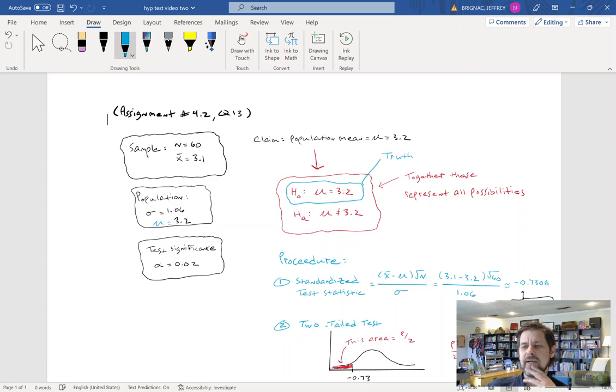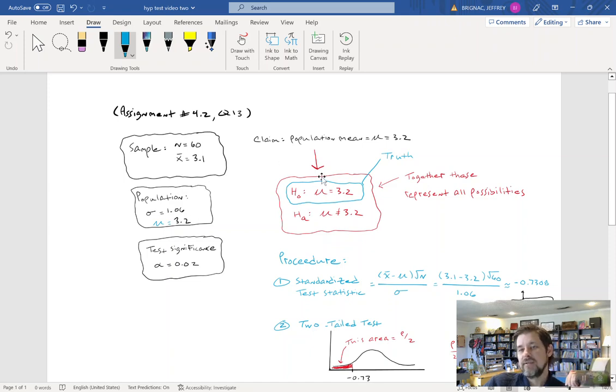The truth being that the sample isn't enough to question this original number. It was originally believed that the mean tuna consumption was 3.2 pounds per year. Then a sample of size 60 got an average of 3.1. That's not so different from 3.2 to start to disbelieve that number.